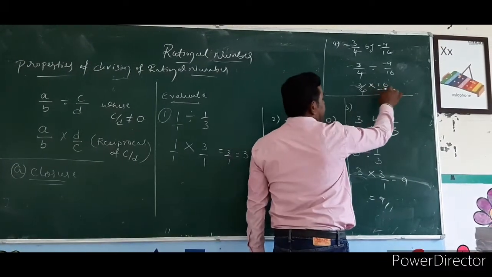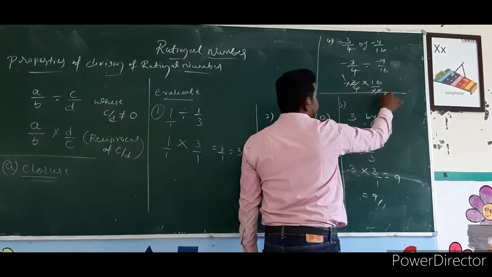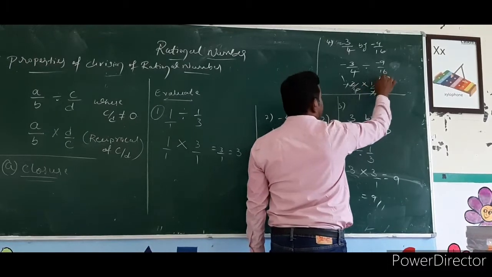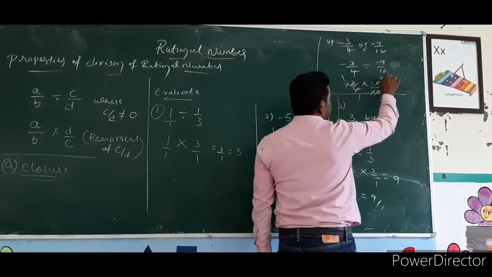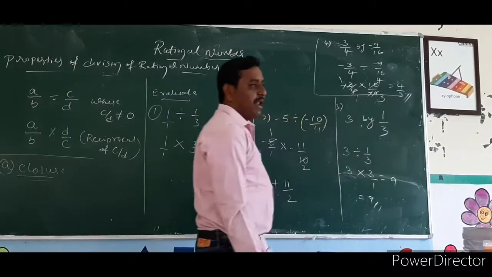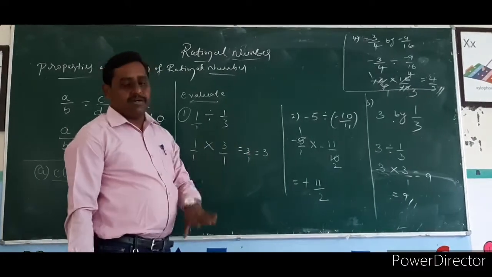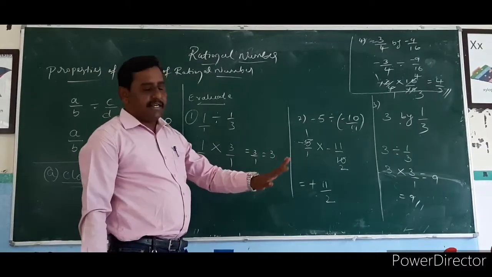So here 16 by minus 9. Minus minus cancel. 3 ones are, 3 threes are, 4 ones are, 4 fours are. What is the remaining answer? 4 divided by 3.